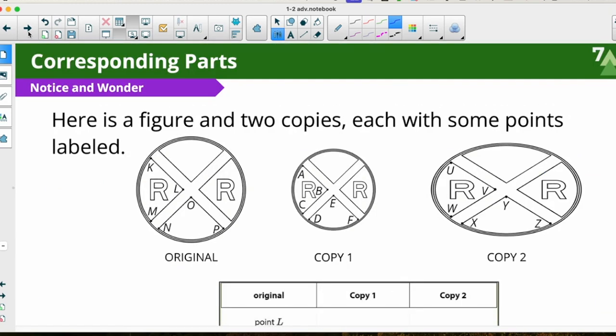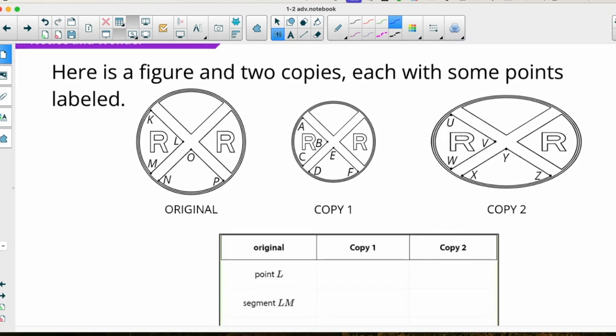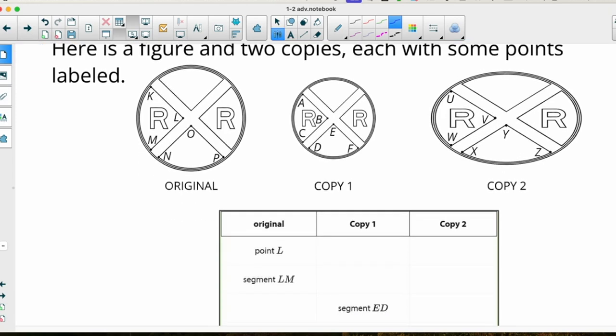So we practiced using these railroad symbols. So it gave us point L, which is right here. So what's in the copy is in the same position. That would be point B. And in copy 2, point V. Then they gave us segment LM.